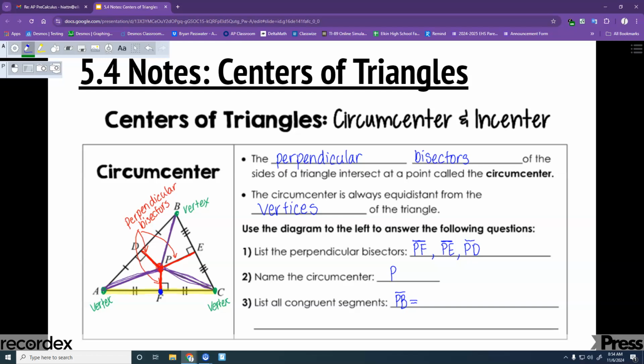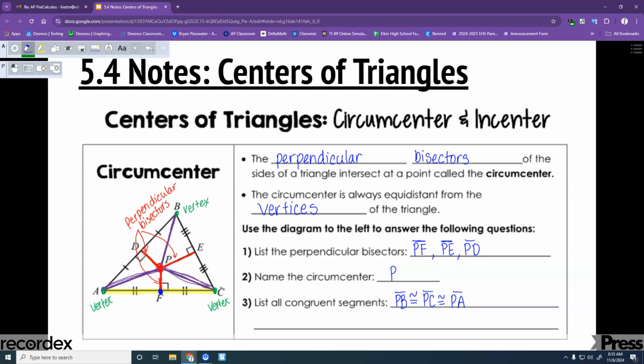And then our congruent symbol looks like this. It's an equal sign with a squiggle over top of it. And what would PB be congruent to? Or the same length as? PC. Is there another one that is also congruent to? And PA. So all of those are congruent to each other.